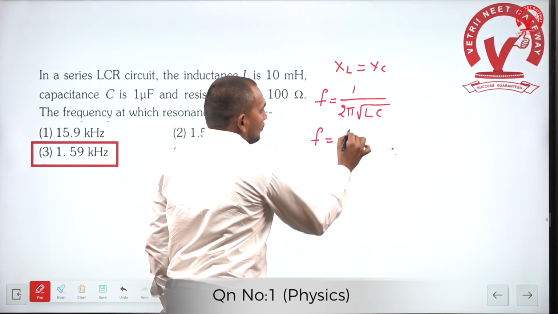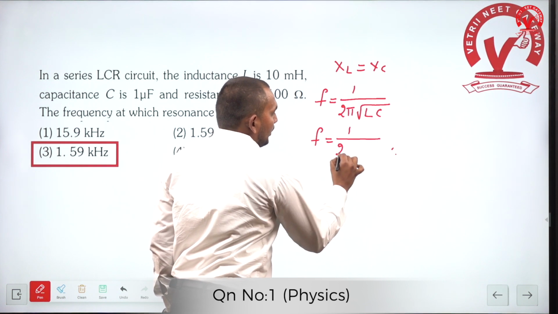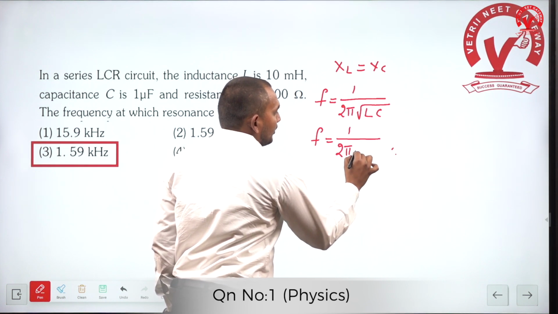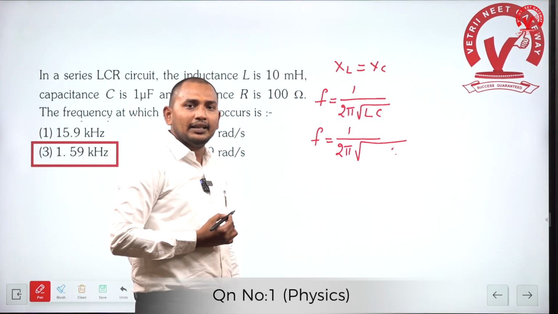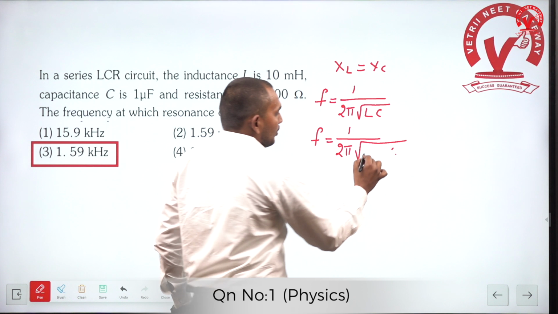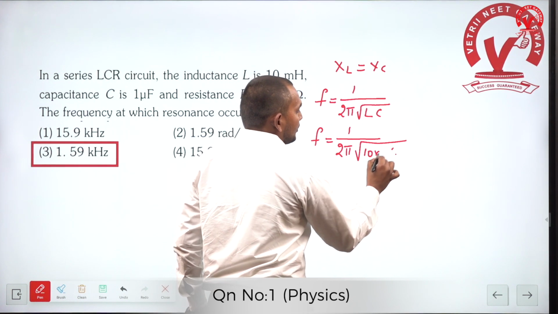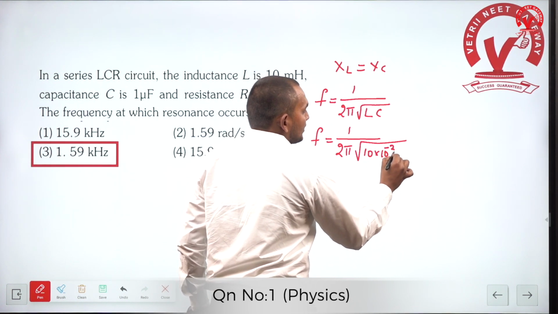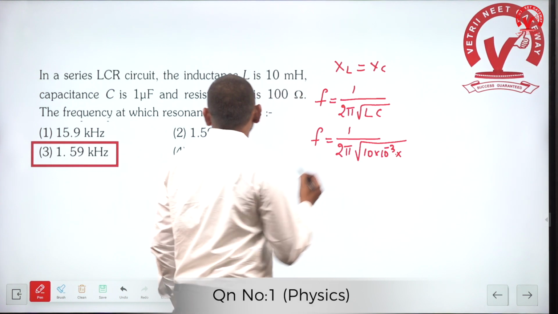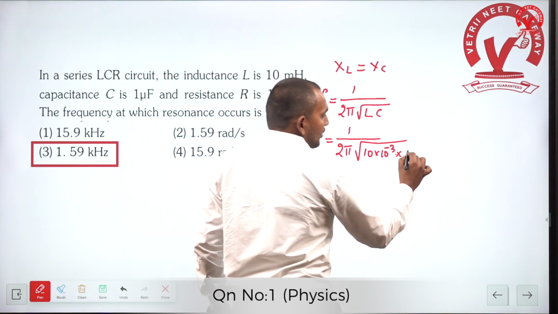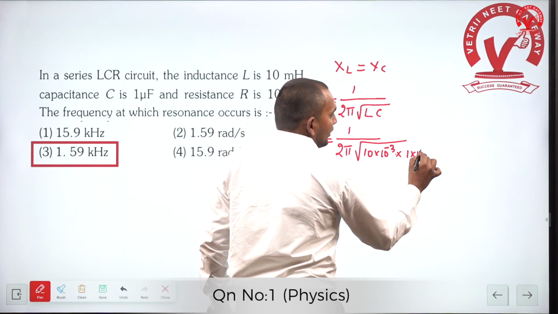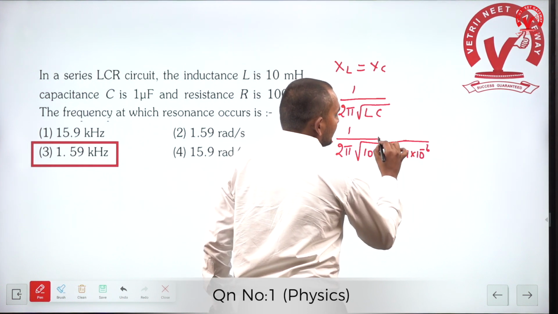f is equal to 1 divided by 2 pi square root of L, where L is 10 millihenry. Milli means 10 power minus 3, so 10 into 10 power minus 3, into the C value. Capacitance is 1 microfarad, micro means 1 into 10 power minus 6.